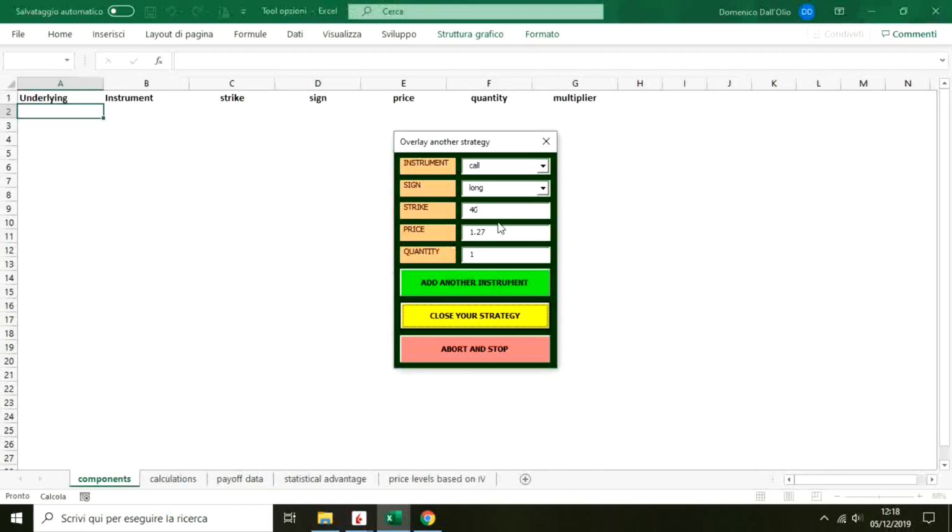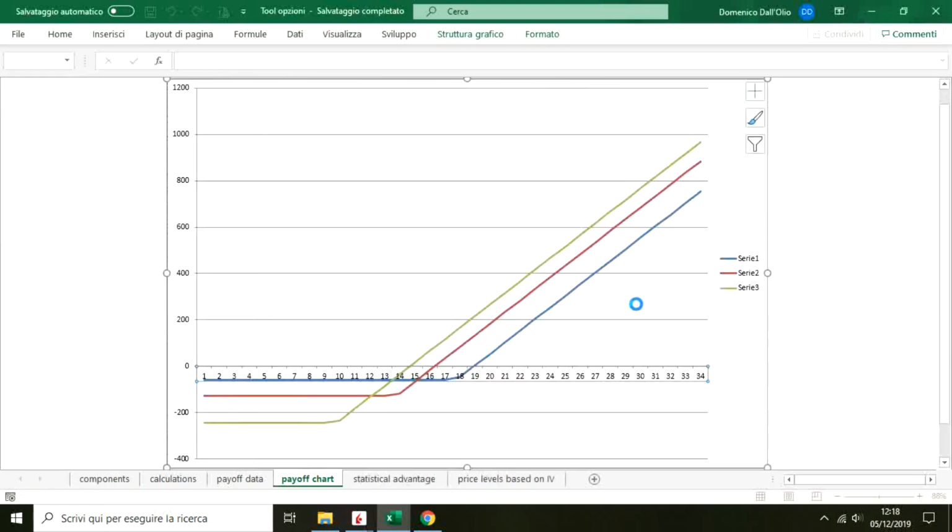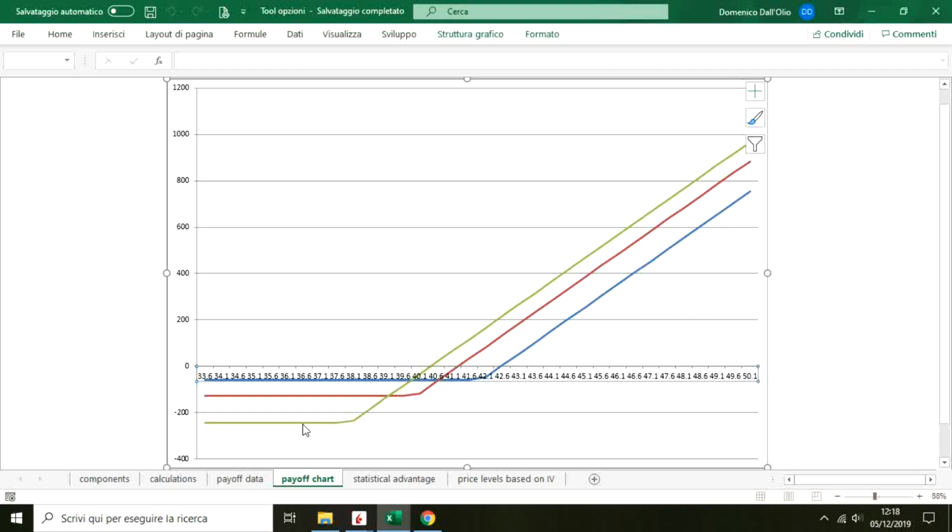Overlay payoff, the call is still long, but the strike is 38, the premium is 2.44. What happens now? Here we go. Higher risk, of course, if you make a mistake. The closer the break even, the higher the reward if you're right about your expectation.